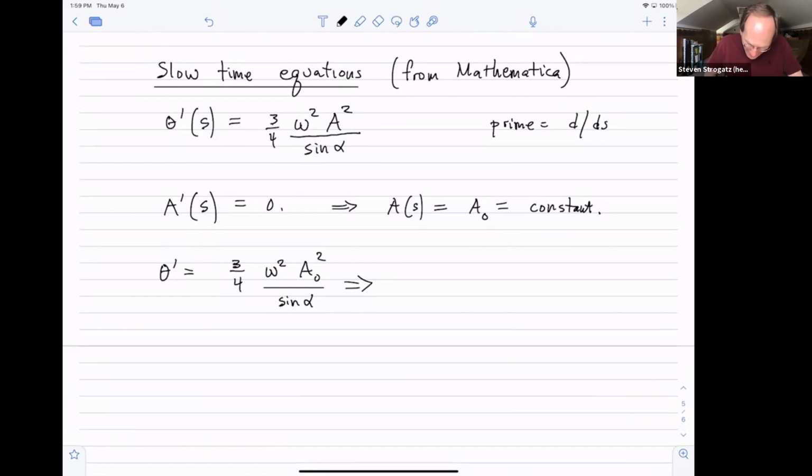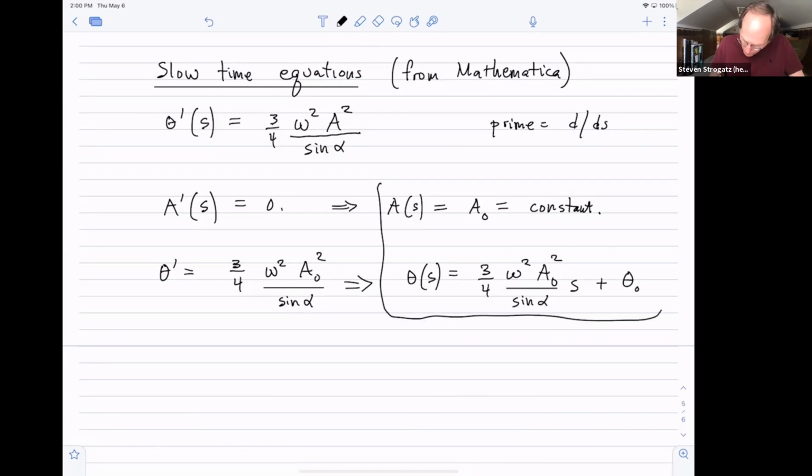So theta prime is just that thing times S. Or sorry, theta of S is just 3/4 omega squared A0 squared over sine alpha times S. And then I could put in, if I want, plus theta 0, an arbitrary constant like that. So that's it. Those are my solutions for what's happening at this long time scale.